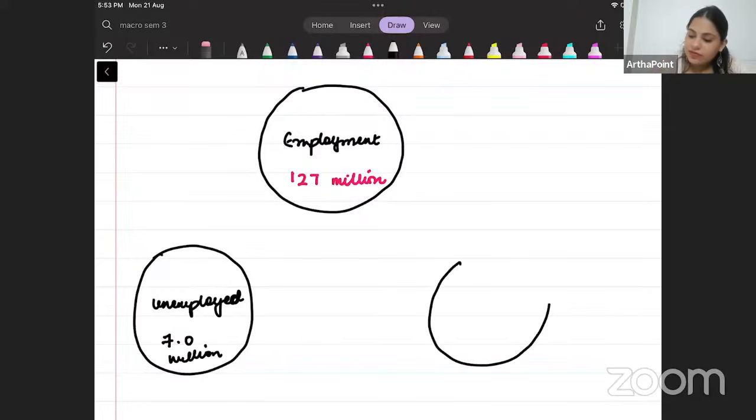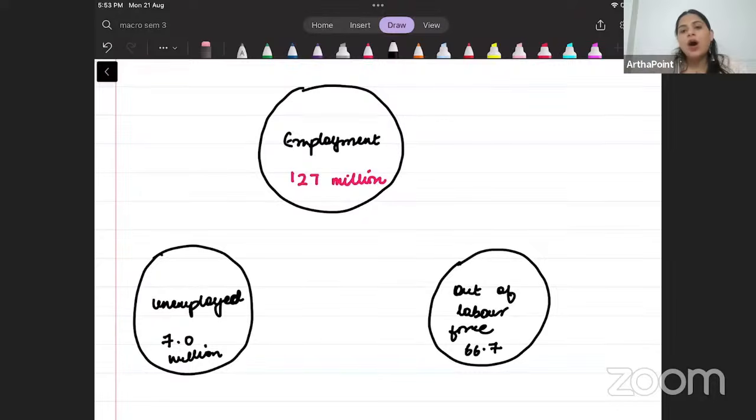And then I have out of labor force. There are 66.7 people who are out of labor force.